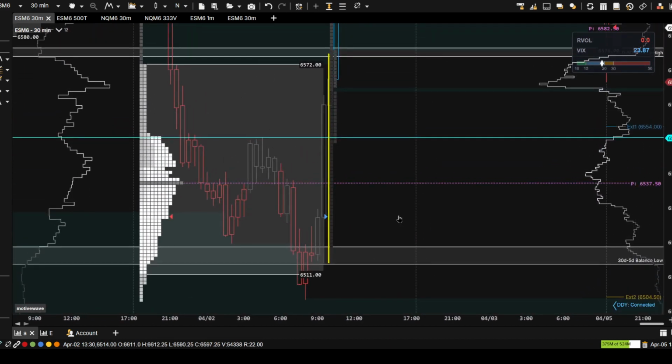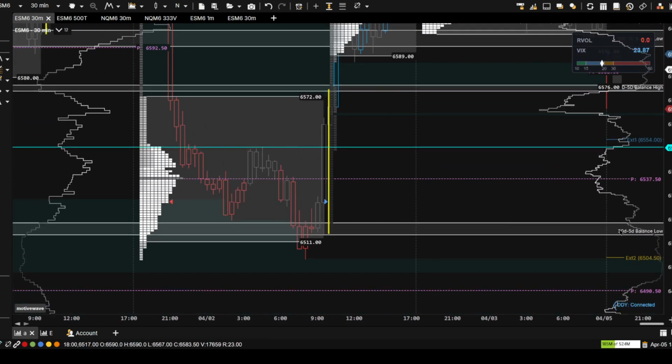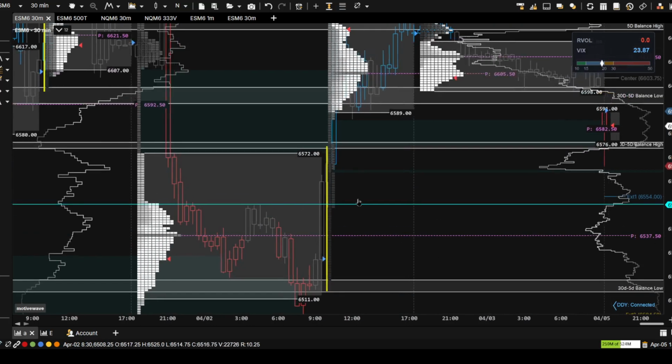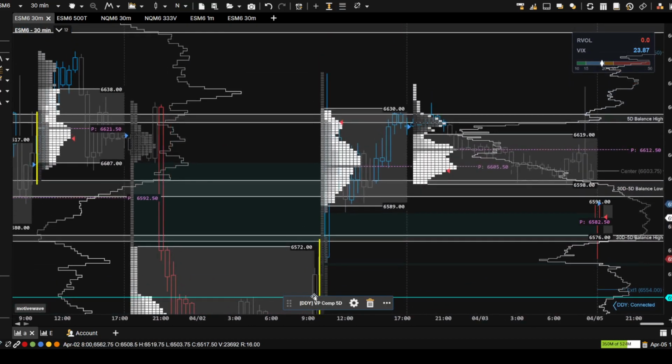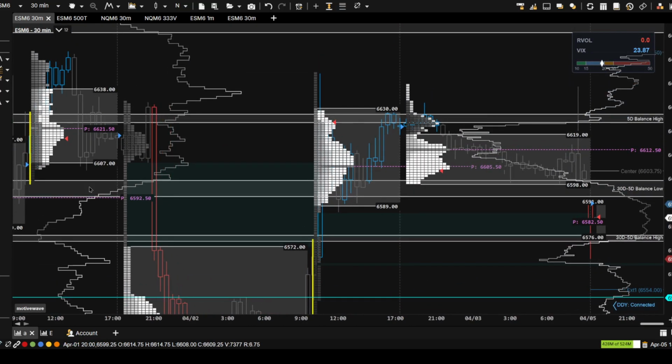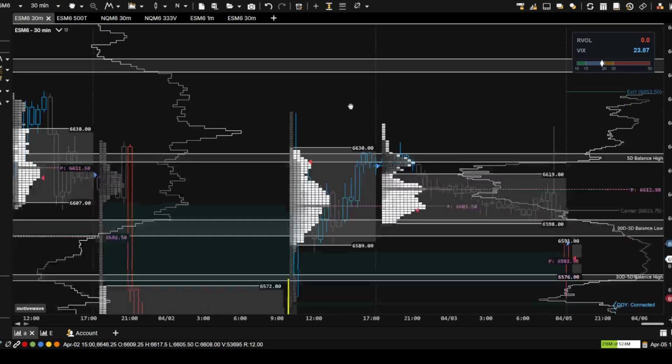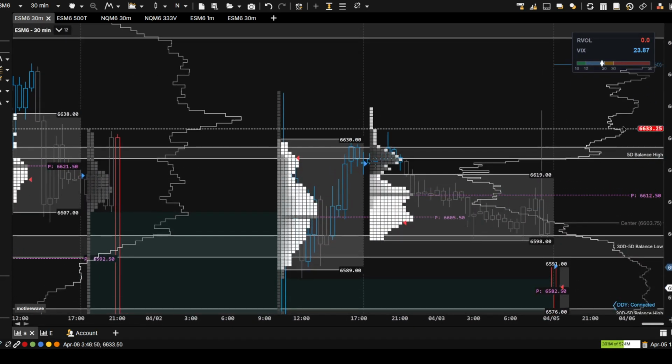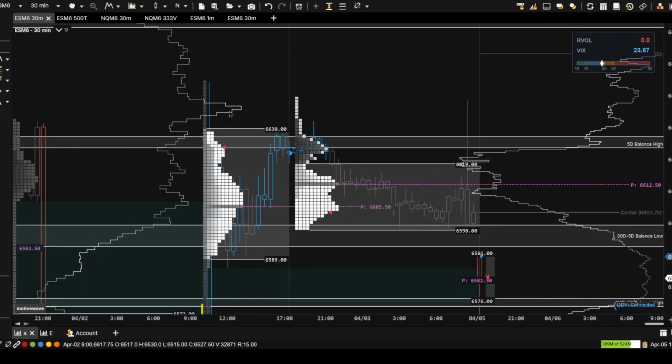and then we go immediately up from this level. Immediately we went up to this balance low and balance high, or yeah, a balance zone.